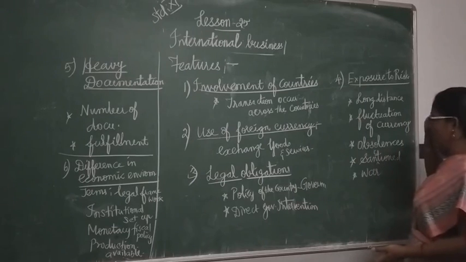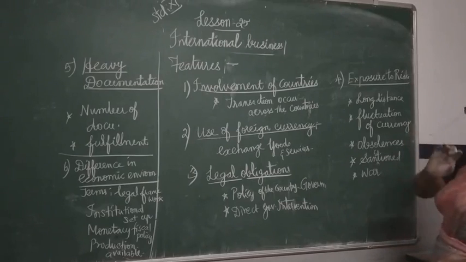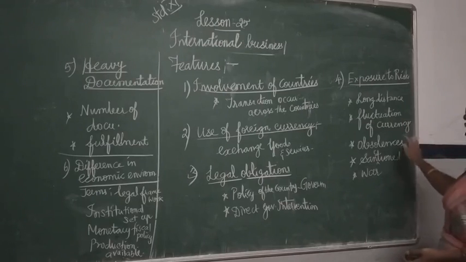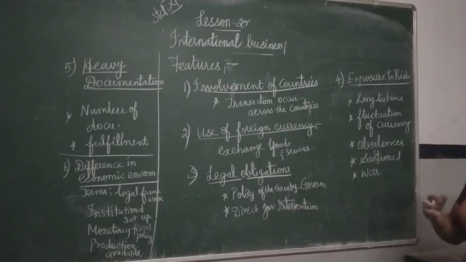Then exposure to risk. We are sending the import and export products, and international business takes into consideration that we are sending the goods over a long distance, with fluctuation of currency, obsolescence, sanction, war. Is there any war between our country and the other country?